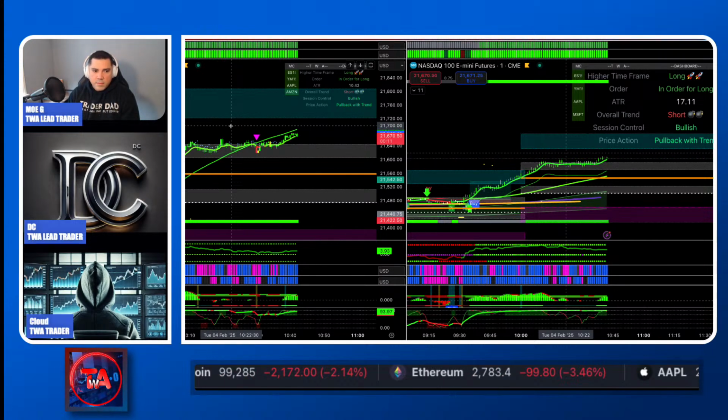I'm more surprised you didn't get in with me at the Open because I feel like that was one of your setups as well too. I mean, there was a lot of noise there with the 1 minute. No, I mean there was a setup. I was just not focused enough to react quick enough before it moved and it got too expensive.